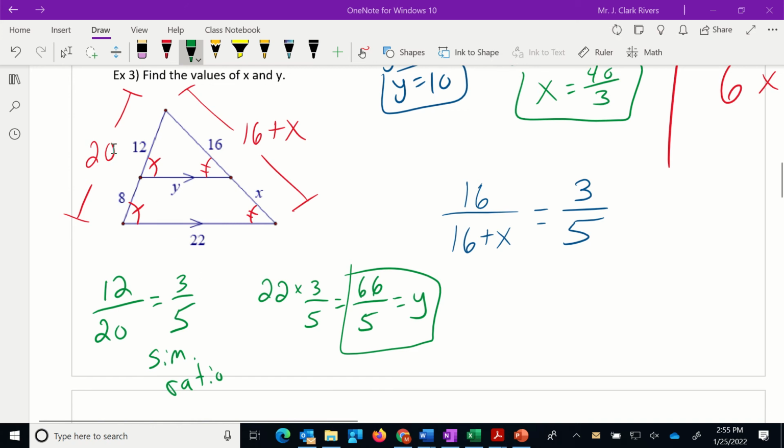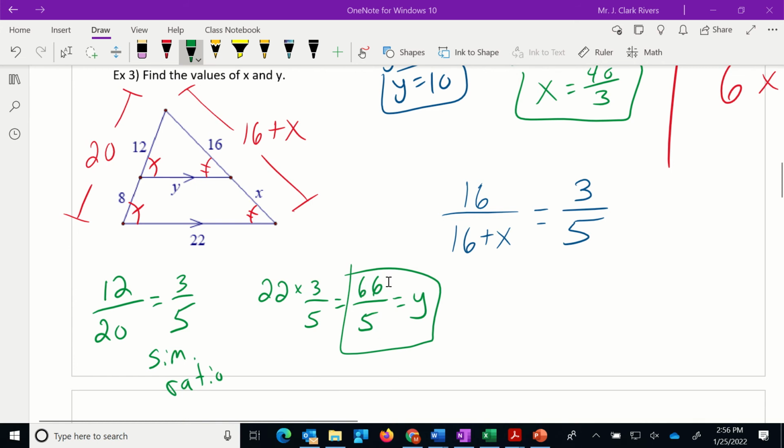Well, 22 corresponds to y. 20 corresponds to 12. 22 is in the larger triangle. So we're going from the larger triangle down to the smaller triangle. So we've got to make 22 smaller. 22 multiplied by your similarity ratio of 3/5 gives you 66/5, which is 13 1/5, or 13.2.